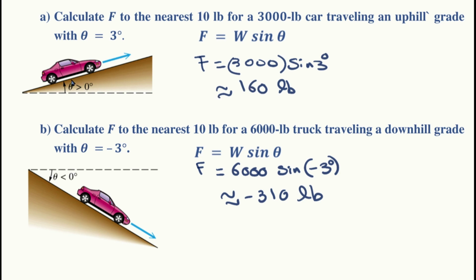Well, this would be the force that your brakes would have to overcome so that the car doesn't just roll back, right? Or if you're interested in what it means as far as motion is concerned, at any instant your car has to apply more than this amount of force in order for it to be able to go upward, right?